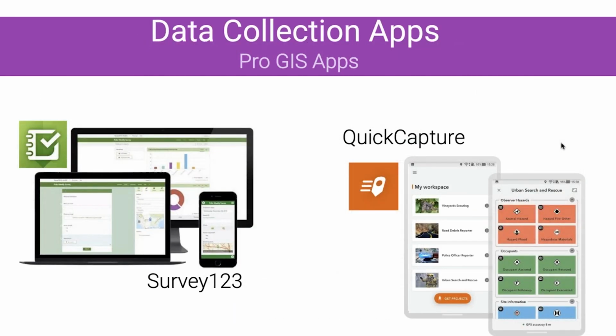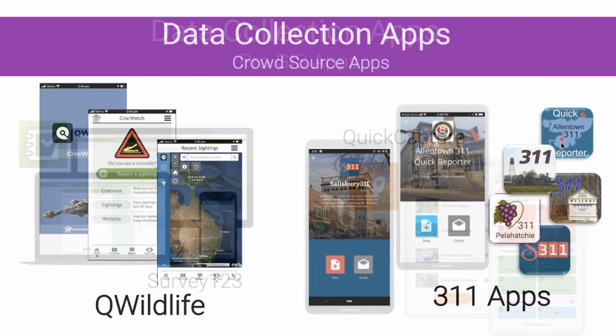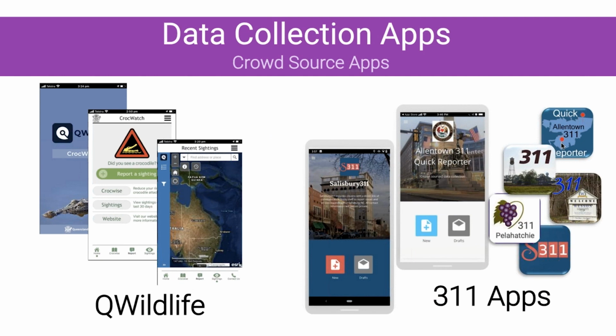We see data collection apps being built with AppStudio. A couple of professional GIS data collection apps are Survey123 and Quick Capture. Those are created by Esri, and those are created using AppStudio. So you can build these advanced data collection apps. You can also build data collection apps that are maybe focused on crowdsourcing or citizen science, where you want to capture information from the public.